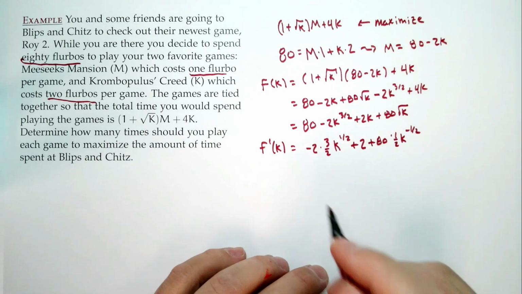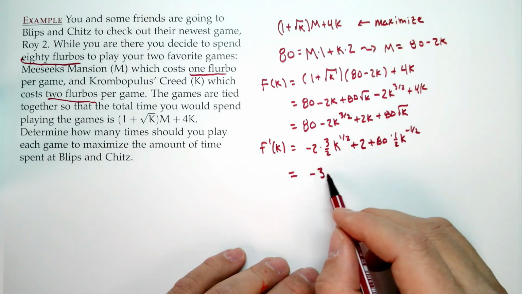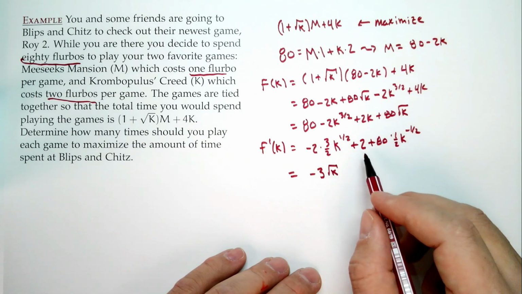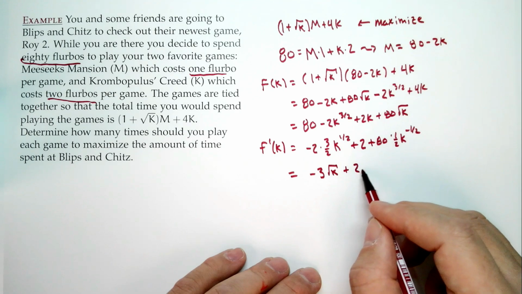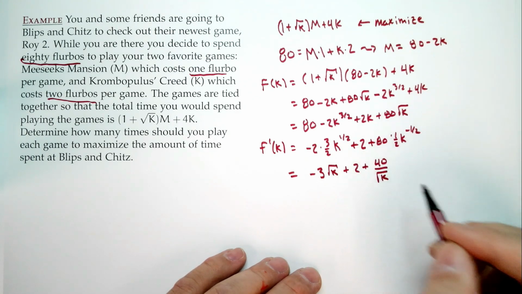So, let's see what we have. Clean that up. That's minus 3 times square root of k plus 2 plus 40 over square root of k.